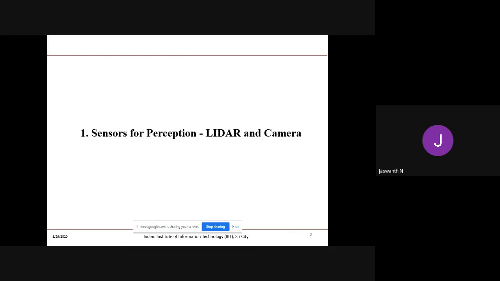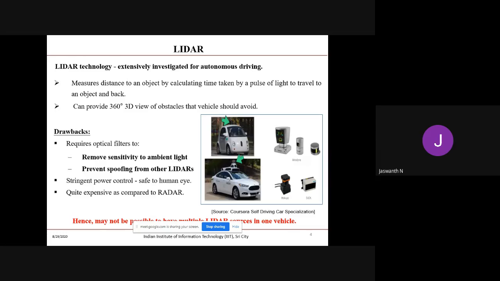First, sensors for perception, LIDAR and camera. What is LIDAR? LIDAR is nothing but light detection and ranging. Basically, the LIDAR sensors offer a level of depth and dimension beyond the other sensors used in automotive space like radar and camera.